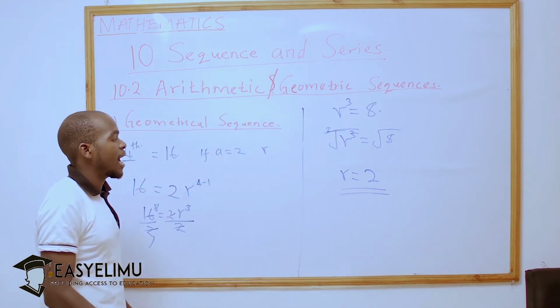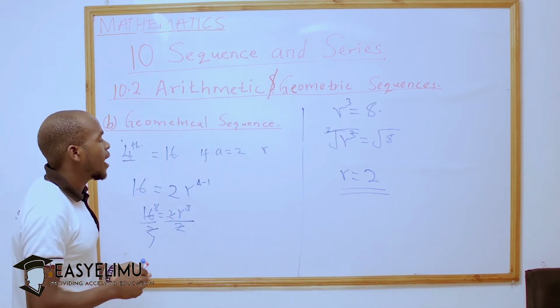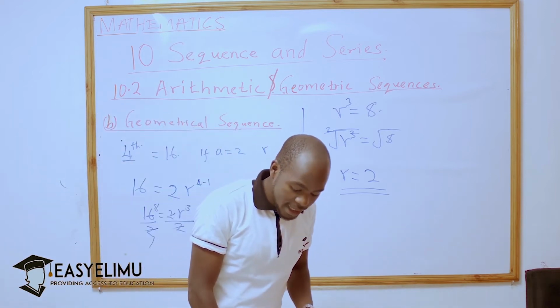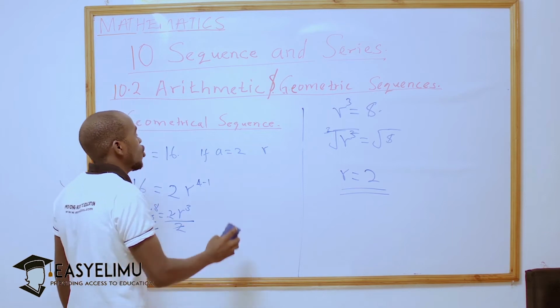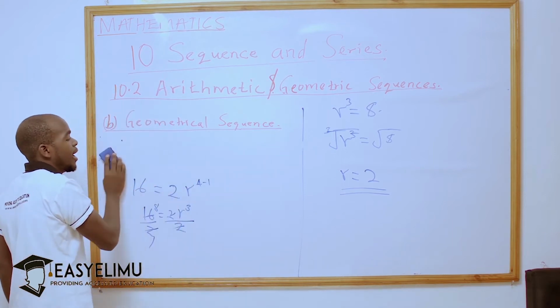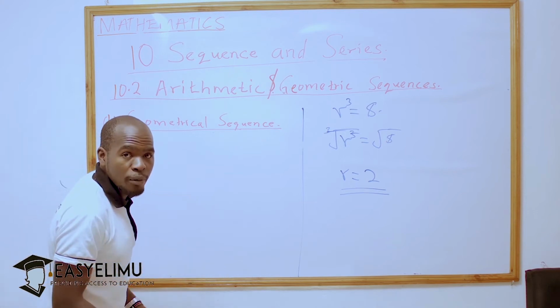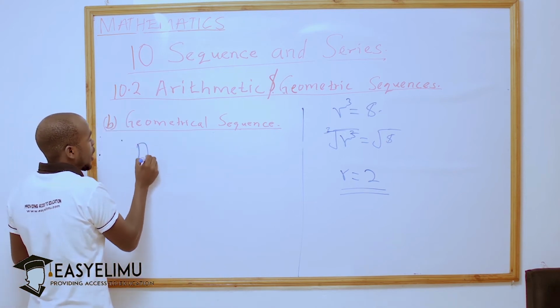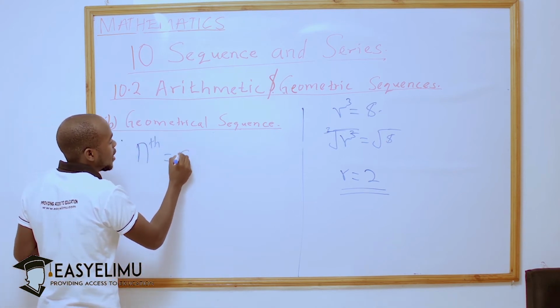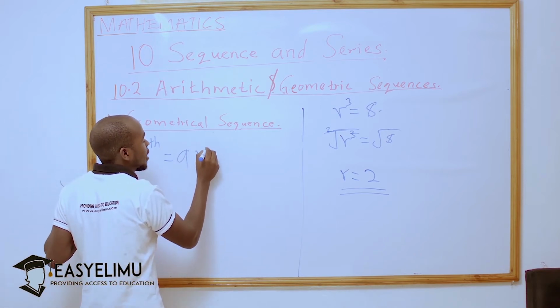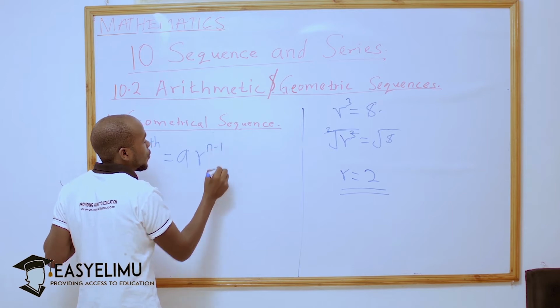We have found that r is equal to 2 and a we were given as 2. So the seventh term can also be found because we have a and we have r. From the formula of the geometric sequence, the nth term is equal to a r to the n minus 1.